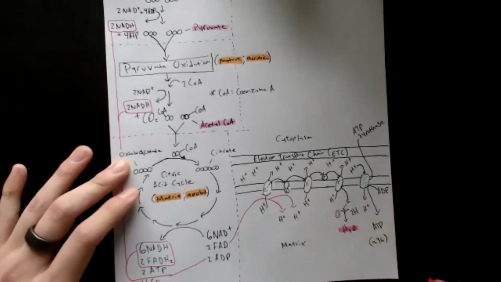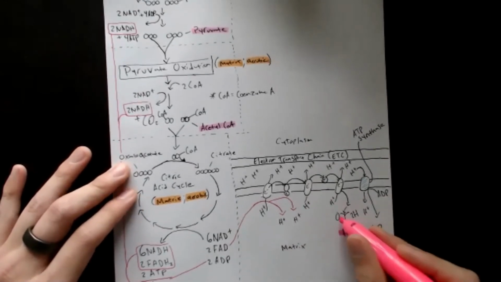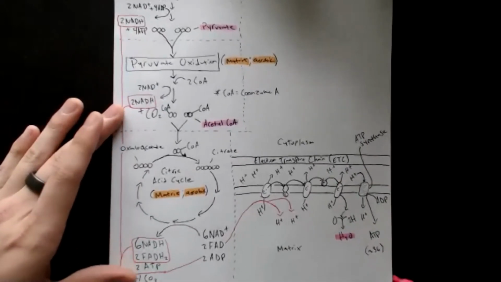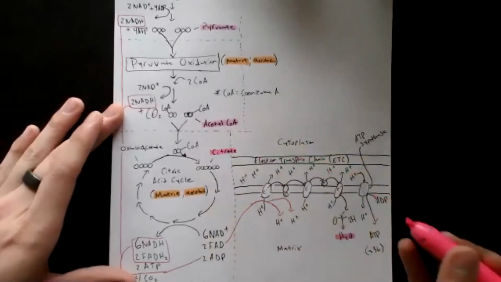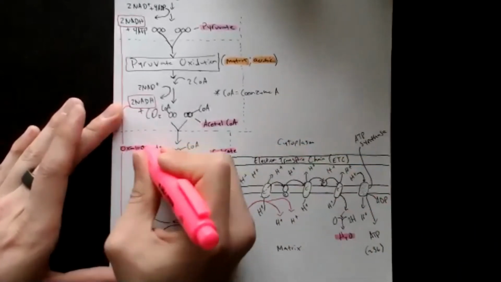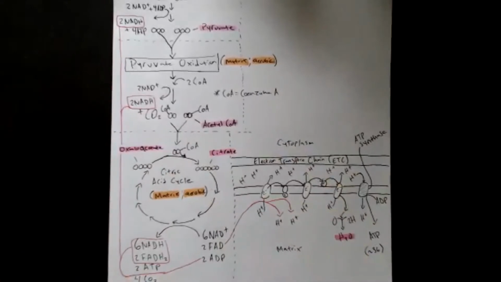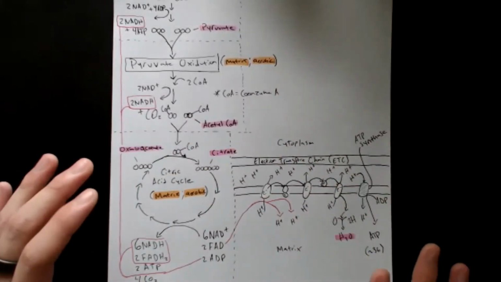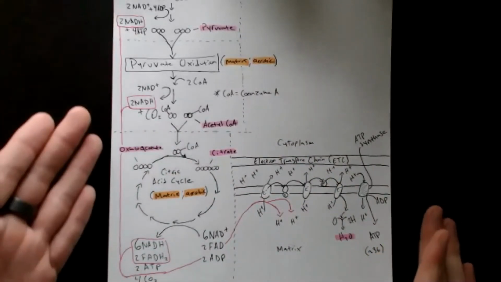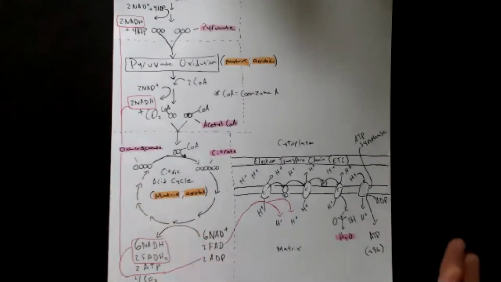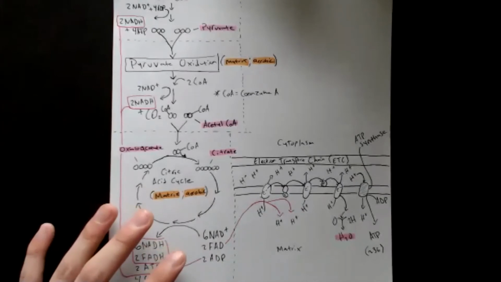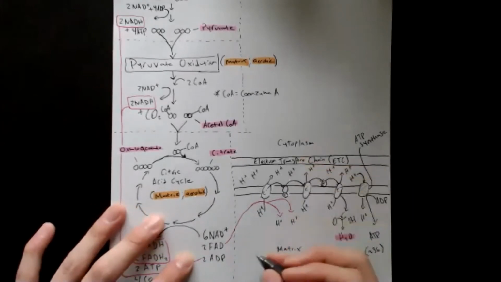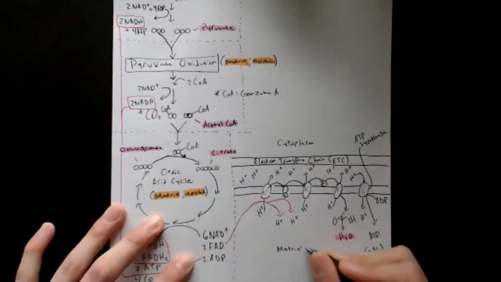It's important to know that H2O is made, but it's also important to know that oxygen is used. I'll keep it up here. I guess citrate's an important term to know. Same with oxaloacetate. All right, so we finished all of the aerobic chain. Something I didn't mention about the electron transport chain is that this is happening in the matrix.